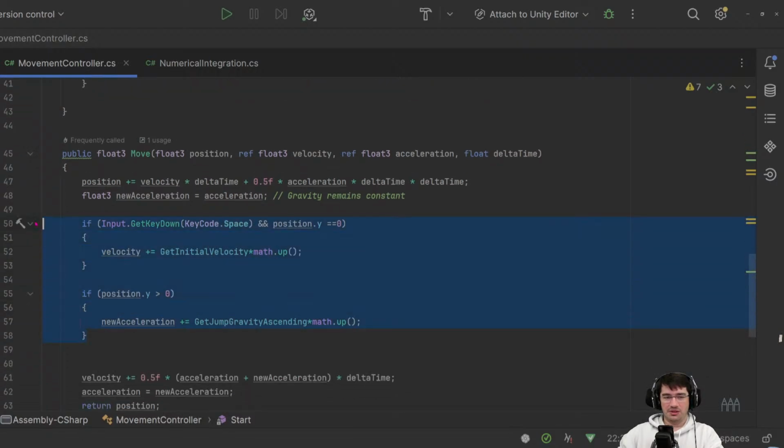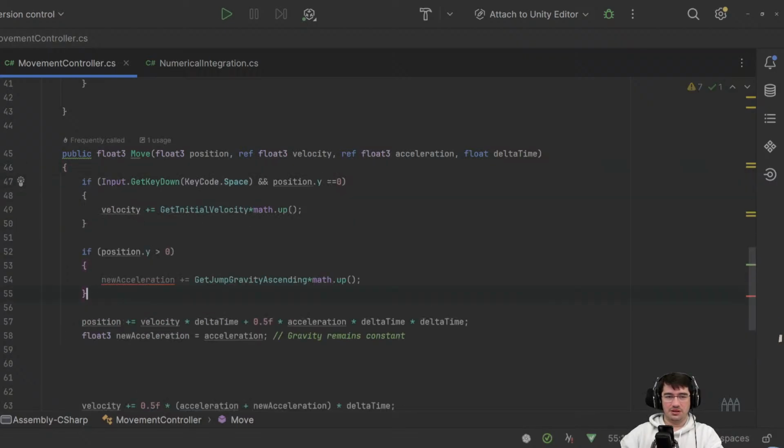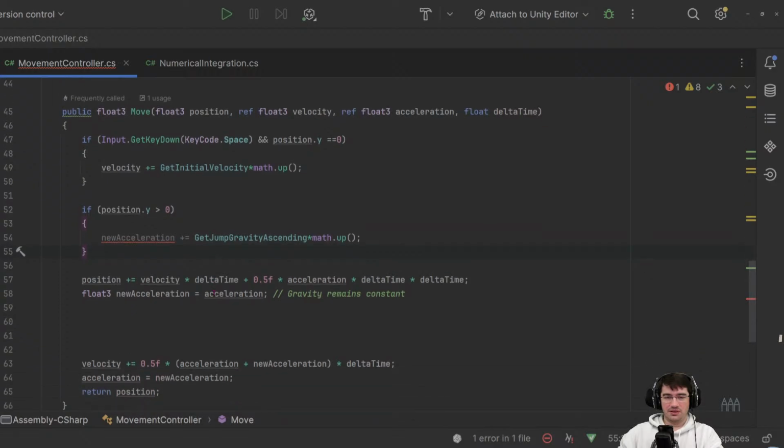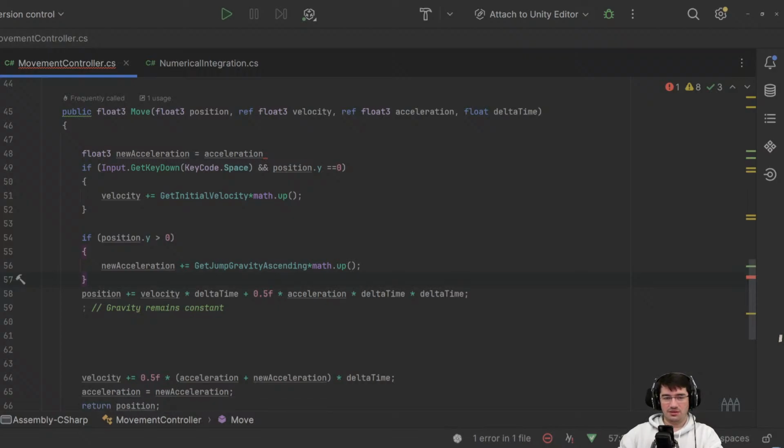So I'm not applying it at the correct point, I assume. So let's do it before anything else. And a new acceleration. I need the new acceleration.